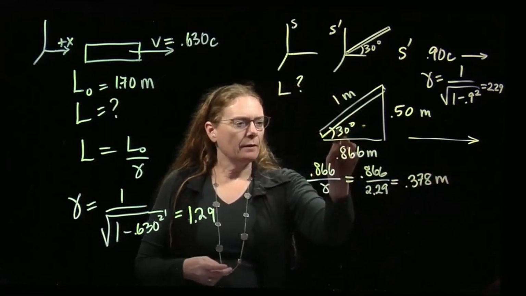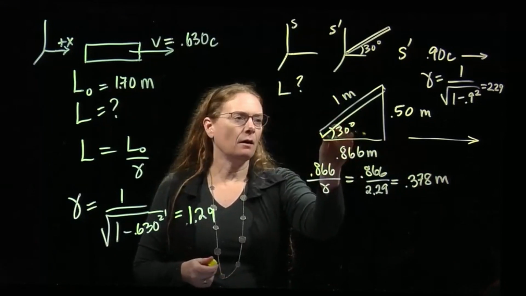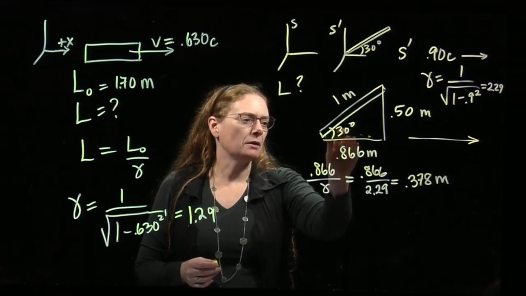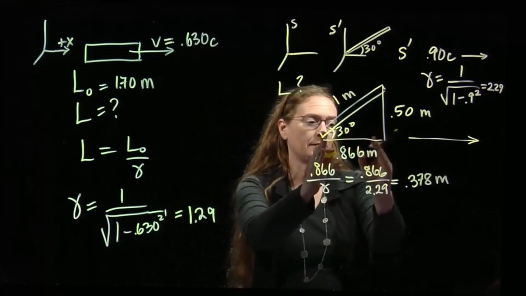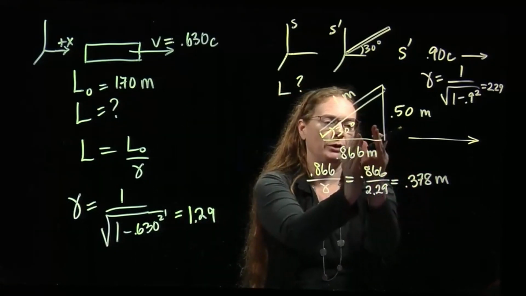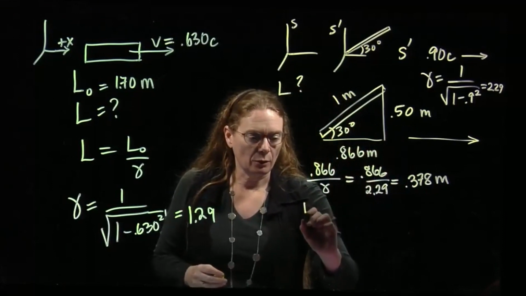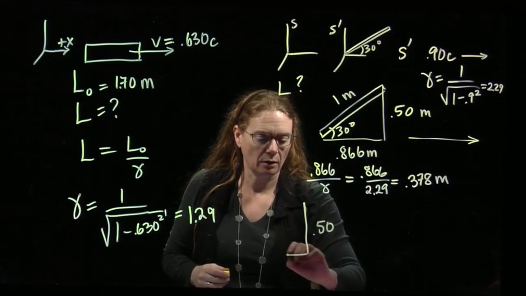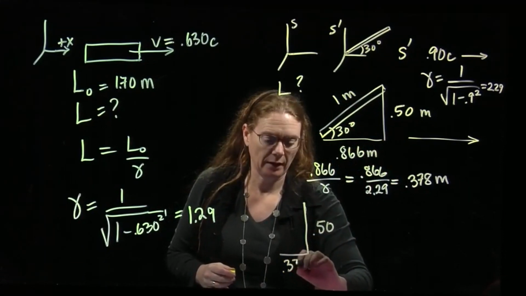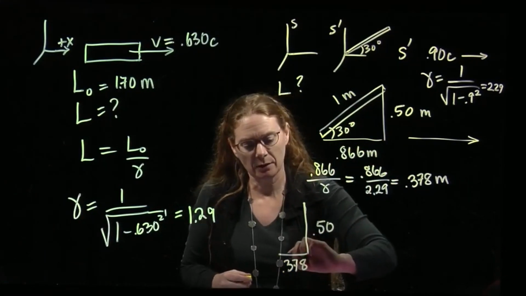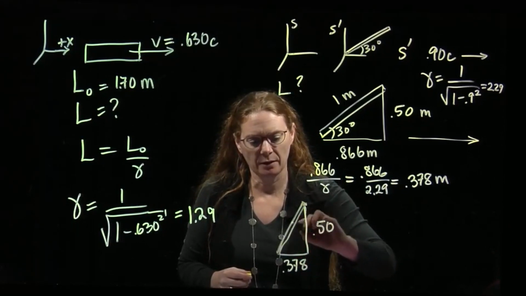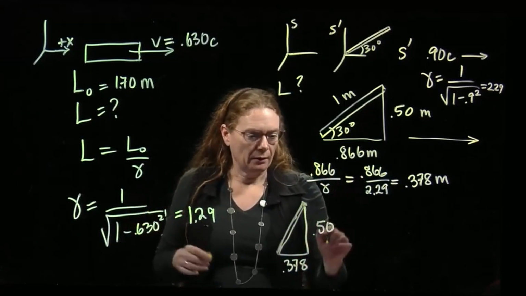So this component of the meter stick gets measured not at 0.866, but at 0.378. So the meter stick now would look like 0.5 tall, 0.378 in this direction. Wow, it's no longer a meter stick, but something smaller.